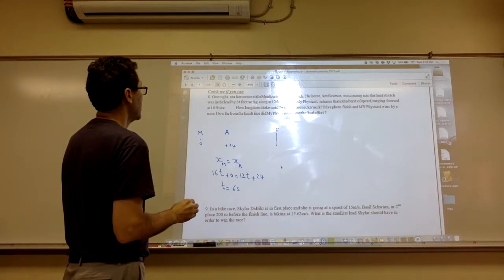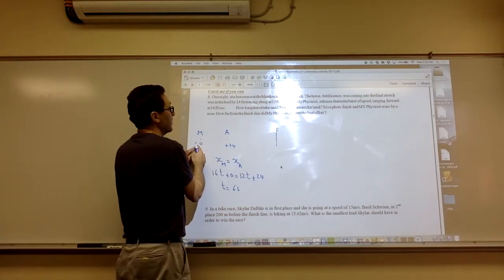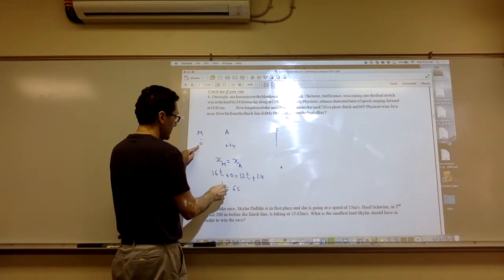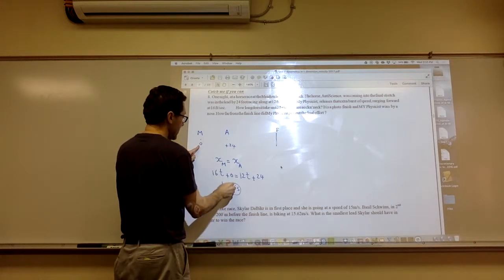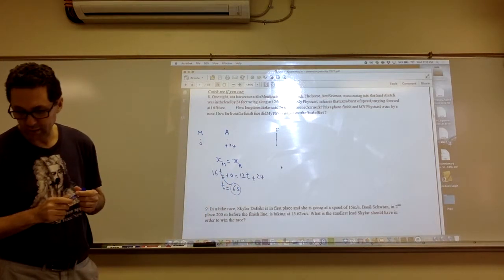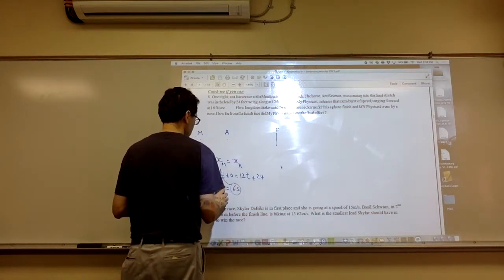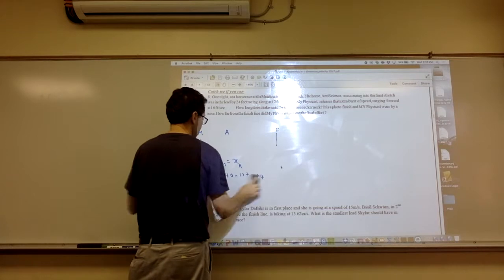How far from the finish line did my physicist put up the final effort? So you just have to take this 6 seconds and give it to my physicist. So you do 6 times 16. So this is going to be 96 meters, it looks like, right?